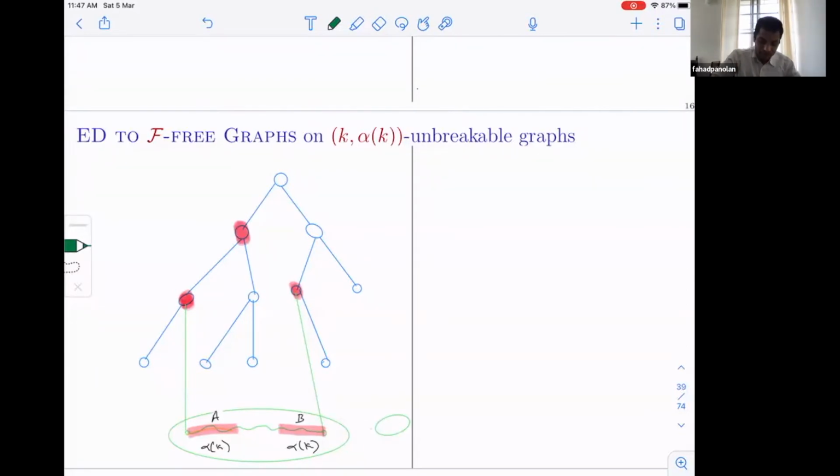Now look at the internal vertices of this path, the first alpha k vertices and the last alpha k vertices. I claim that one of these vertices from A union B should be in this elimination forest. Can someone say why?